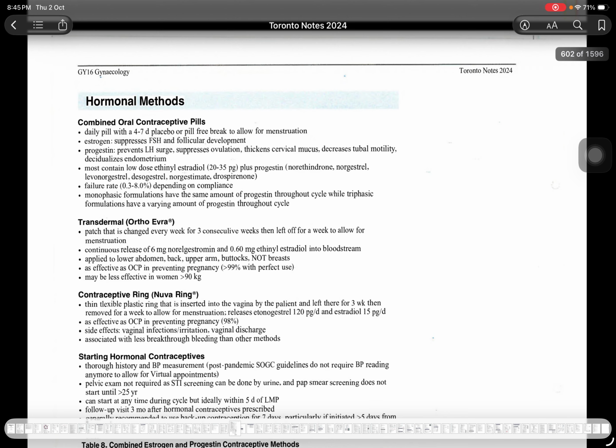So this is the physiological effect of estrogen and progesterone, what happens when you take a combination of both. Estrogen basically inhibits follicle stimulating hormone or follicular development, whereas progesterone mostly acts on your cervical mucus, on the endometrial lining of your uterus, on your tubes, on ovulation, and prevents the LH surge. So everything except for FSH is controlled with progesterone.